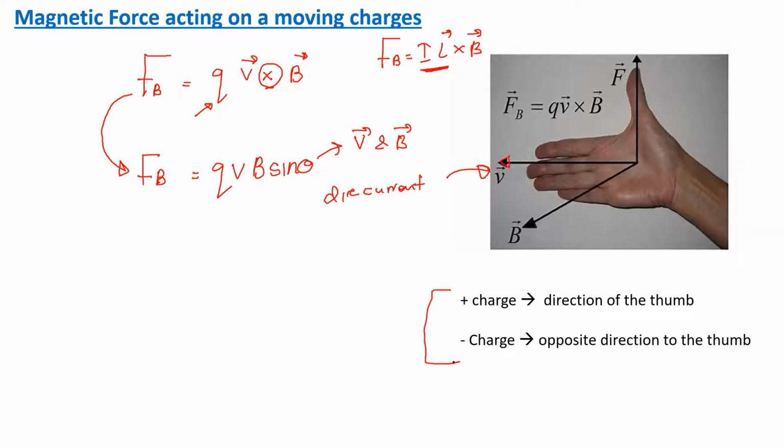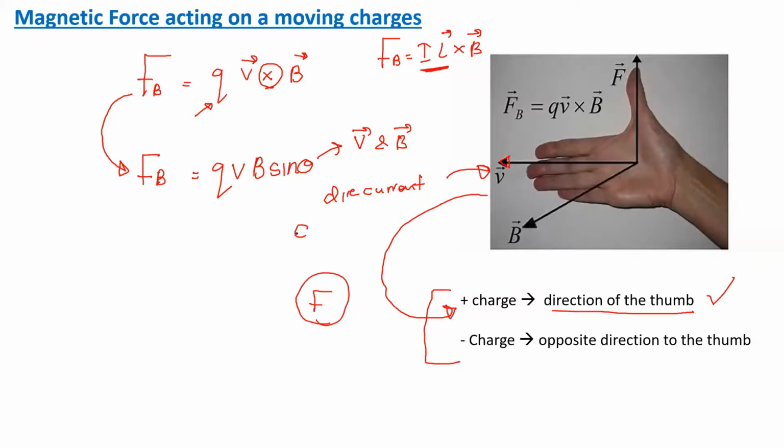Unlike current, we can have positive charges and negative charges, right? So current is actually a positive thing, right? Current is the movement of positive charges. So when you apply the right hand rule for a positive charge, the direction of your thumb gives you the correct direction of force.